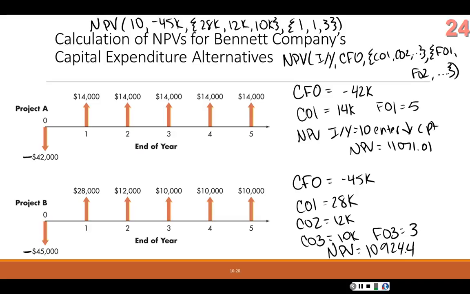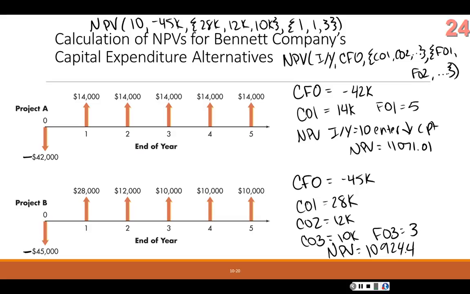If these projects are independent, then project B is acceptable because it has a net present value greater than 0. If these projects are not independent, meaning that they're mutually exclusive, by accepting one, you reject the other.